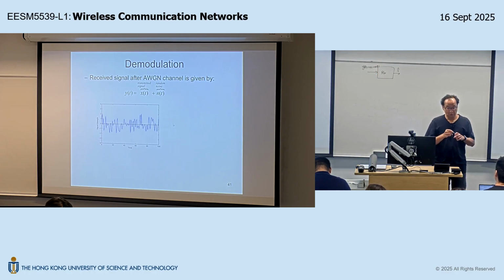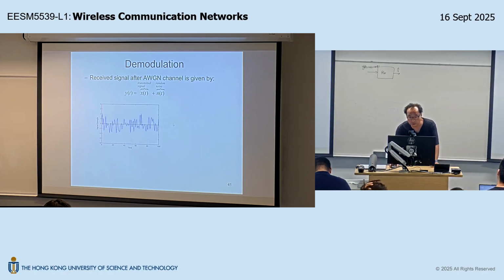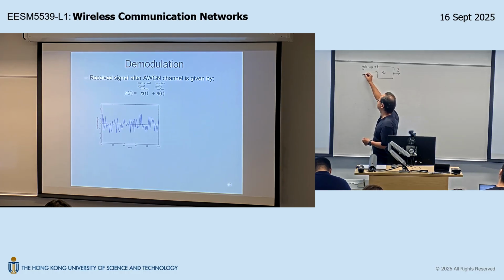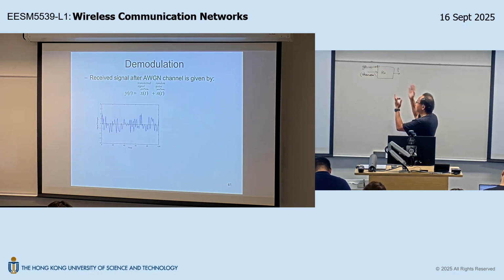Because we consider an additive white Gaussian noise channel, the input is an observation to the receiver. You just imagine yourself as a receiver. Your task is to give me your guess of what could have been transmitted in this current symbol, right? You are given a certain noisy observation.